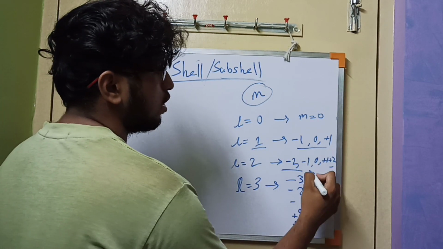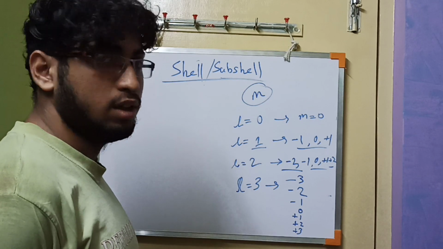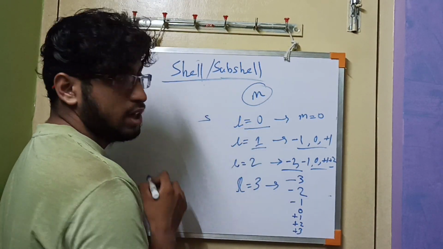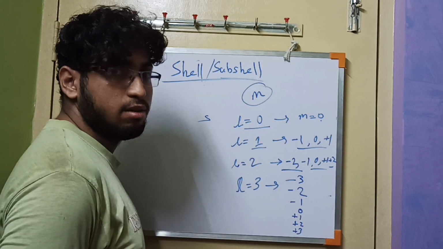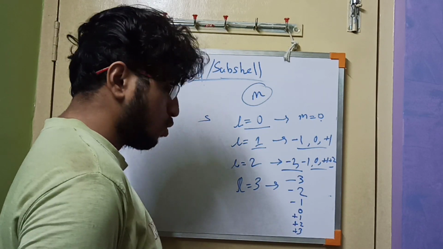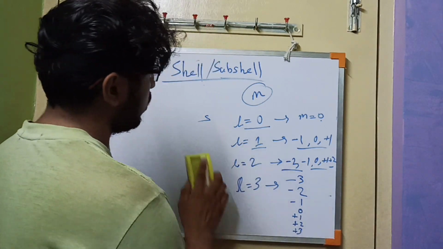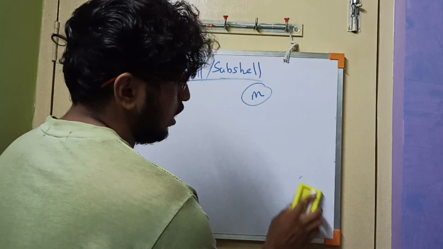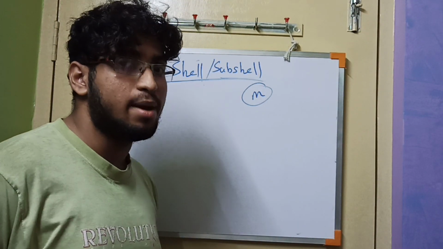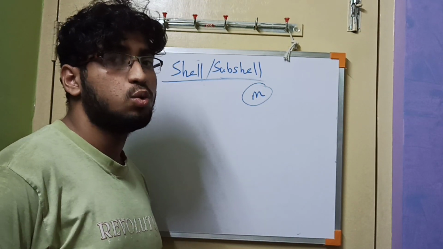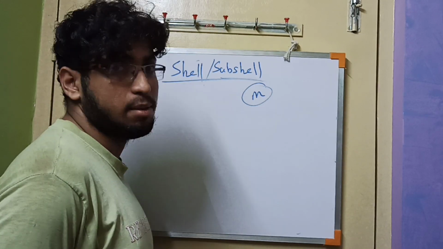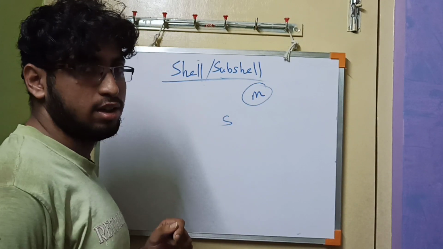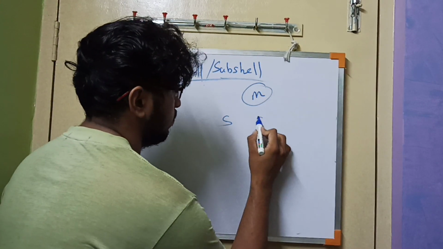Now, what is the significance of the number? You can understand that for l equal to 0, it was the s orbital, and for m this value is 0. So we can say that the number of values of m is proportional to the number of orbitals in the subshell. S has a spherical shape.